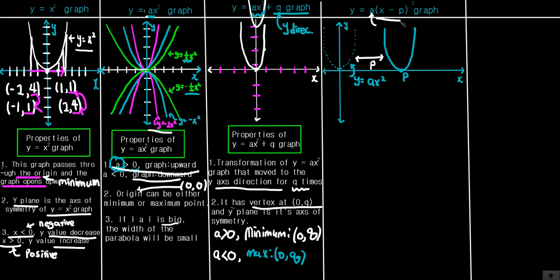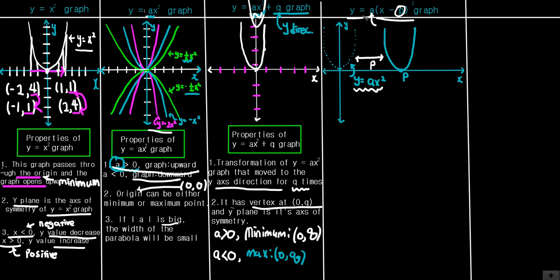And for (x minus p) squared, we can see that the y equals ax squared graph right over here is moved p units in the x direction. That means it can be in the positive x-axis direction or the negative x-axis direction, depending on the sign of p.